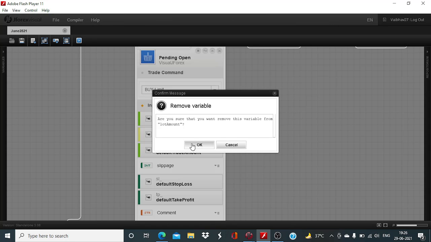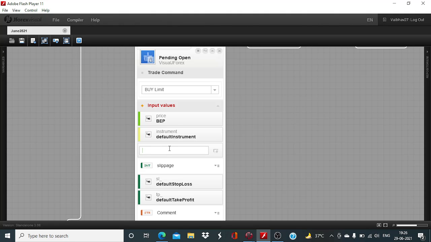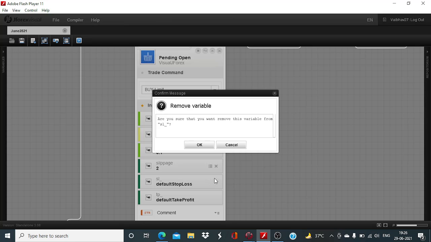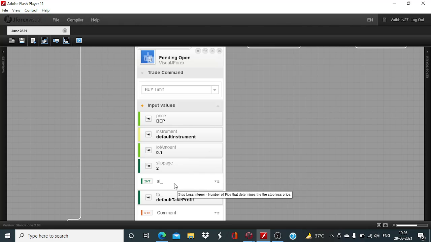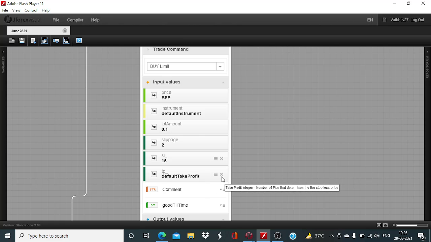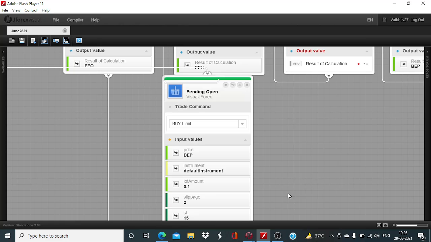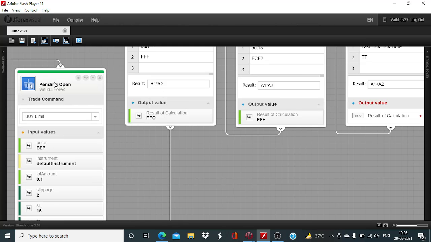Trade amount I will go with 0.1 million. Slippage is going to be 2 pips. Stop loss we will go with a static stop loss of 15 pips, and take profit is going to be 30 pips, which will get us the risk reward ratio of 1:2.